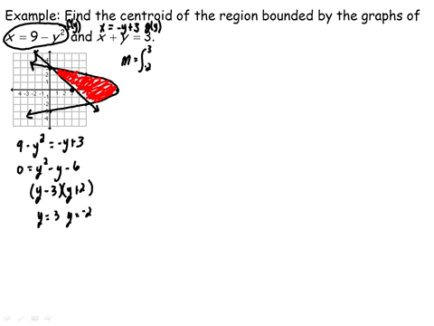Okay. So, let's go. We got 9 minus y squared minus the g of y, which is going to be 3 minus y, negative y plus 3, however you want to put it. I guess we'll be consistent. And then, of course, dy.